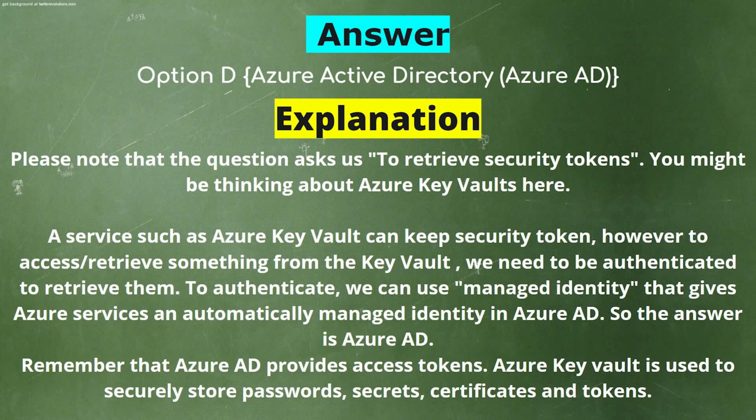To authenticate, we can use Managed Identity that gives Azure services an automatically managed identity in Azure AD. So, the answer is Azure AD. Remember that Azure AD provides access tokens. Azure Key Vault is used to securely store passwords, secrets, certificates, and tokens.